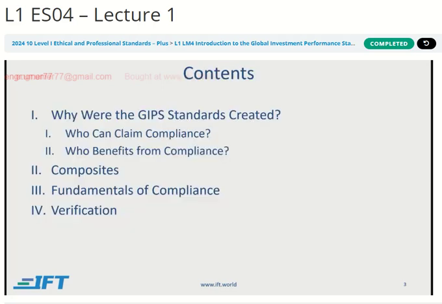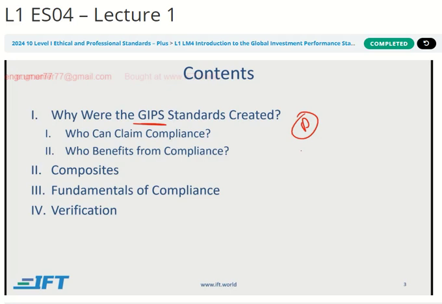The first thing we need to recognize is what are the GIPS standards and why were they created. The central idea here is that different investment management firms will report their performance, and there will be a natural tendency for firms to report numbers that look good. So different firms will want to show that they are doing well, and they might use interpretations that will make their performance numbers look good.